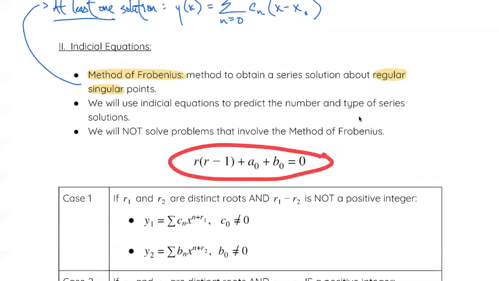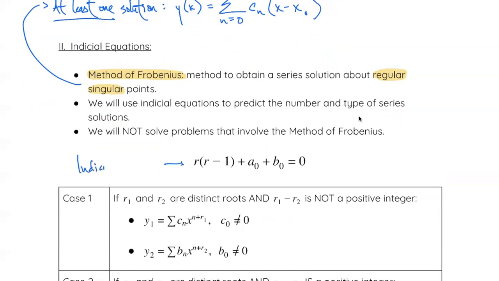But here we have this indicial equation. r times (r minus 1) plus a sub 0 times r plus b sub 0.